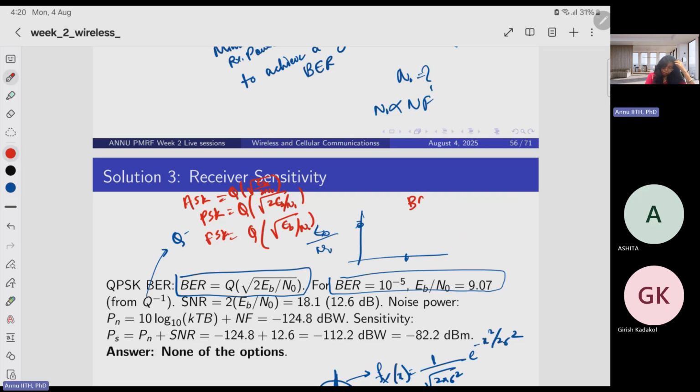So that's why BER of PSK is less than BER of FSK, less than BER of ASK. So BER of amplitude shift keying is the highest. Middle comes when we are having the frequency shift keying.